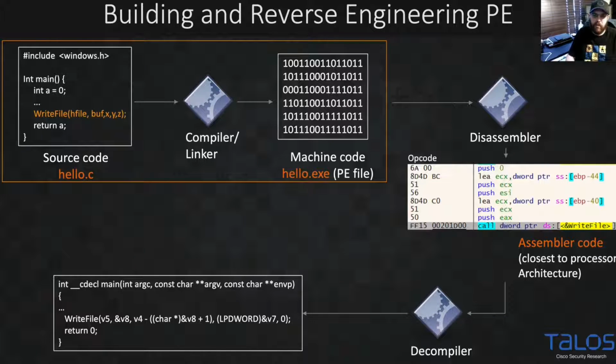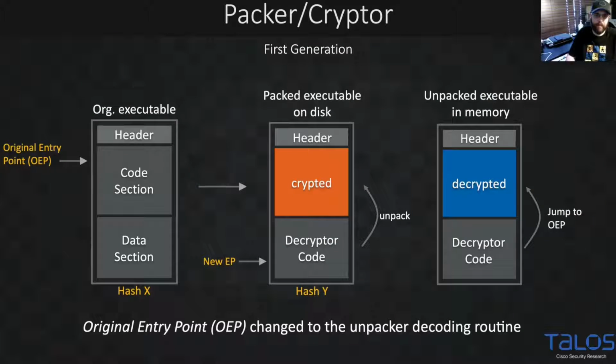Sometimes we're able to take the same executables and use a decompiler, which results in what is typically referred to as pseudocode, which looks a lot closer to what you would expect from a source code standpoint, and makes it even easier for us to analyze quickly, identify code execution flow, identify the functionality present in the files, to make a determination as to, is this malware or is this a benign file?